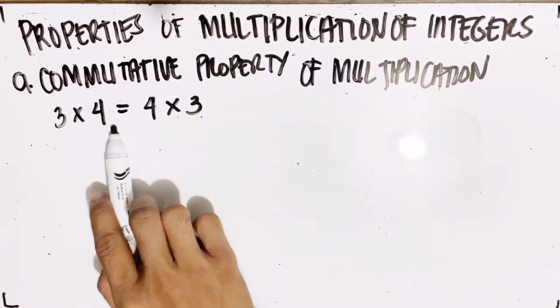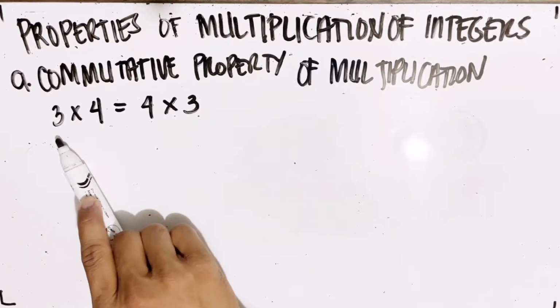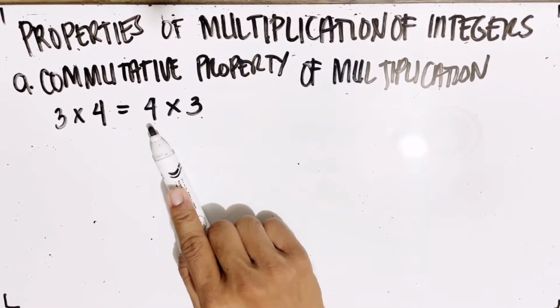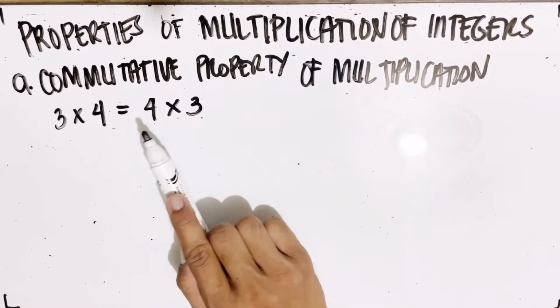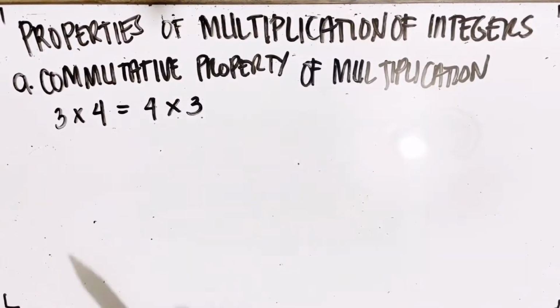So even if we change their order, like here, the first number is 3 followed by 4, and the other one, the first number is 4 followed by 3. They will still have the same answer or product.